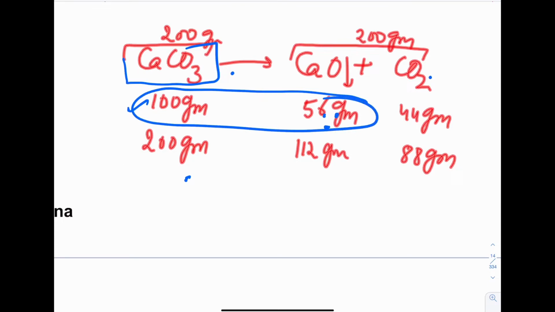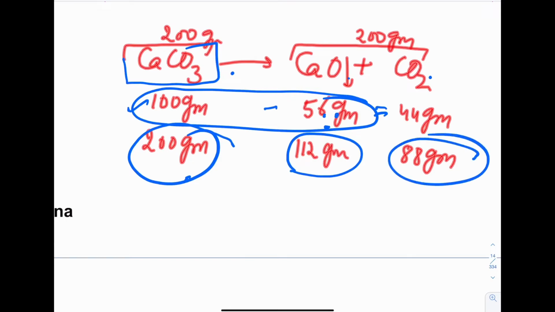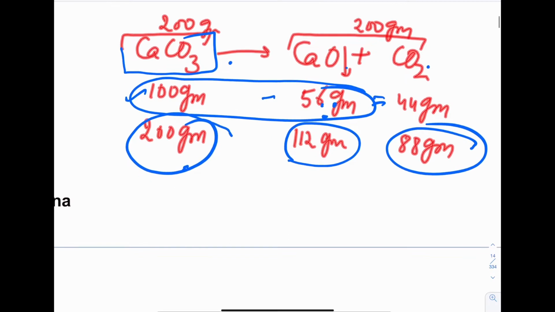This is 100 and the solid left is 56, so the remaining will be 44. Suppose instead of 100, we take 200 gram of calcium carbonate, double the calcium carbonate, then double the residue will be formed, 112 gram, and double the CO2 will be formed. So this is the application of the law of conservation of mass, right?